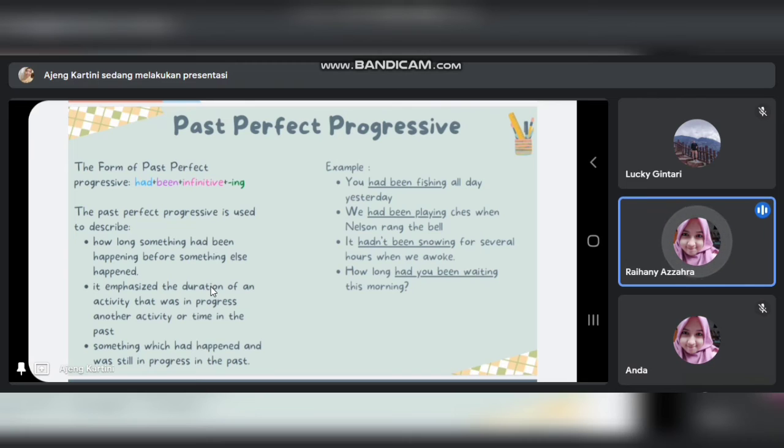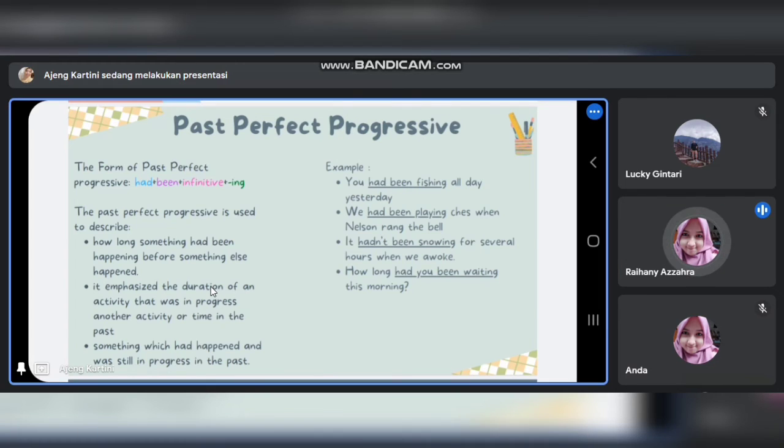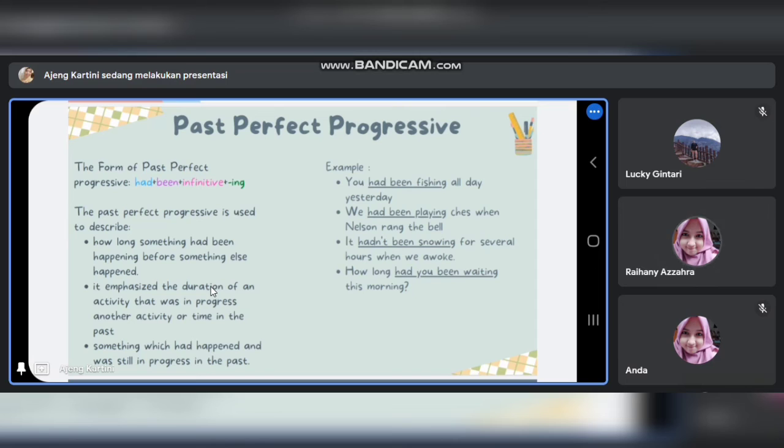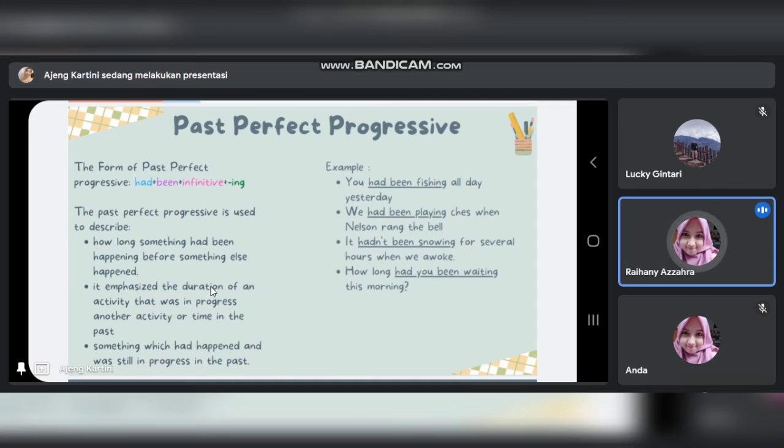The past perfect progressive is used to describe how long something had been happening before something else happened. It emphasizes the duration of an activity that was in progress before another activity or time in the past, and also something which had happened and was still in progress in the past.